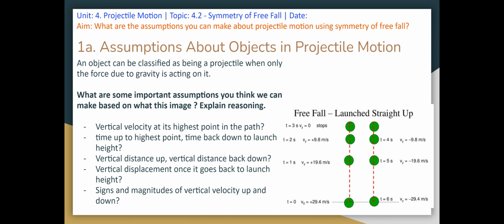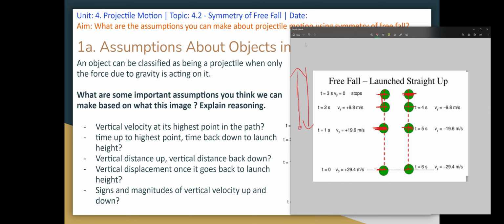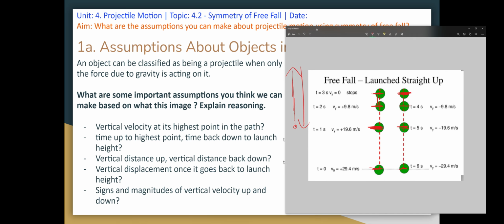Now, the mere act of throwing something up. Let's say we launch a ball upward. We start here, and we throw it upward, and then it comes back down. There are certain assumptions we can make about an object in that motion.